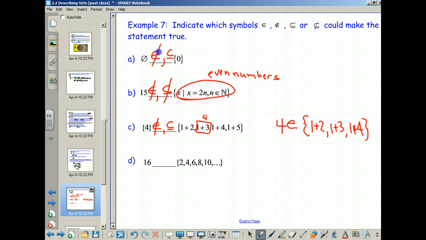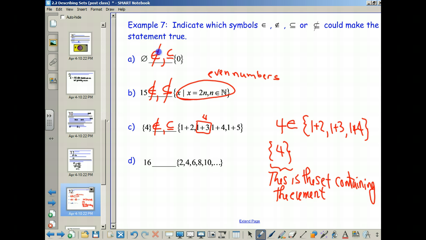Okay, so this would be fine. 4 is an element. But that's not what I have here. This is the set containing the element 4.